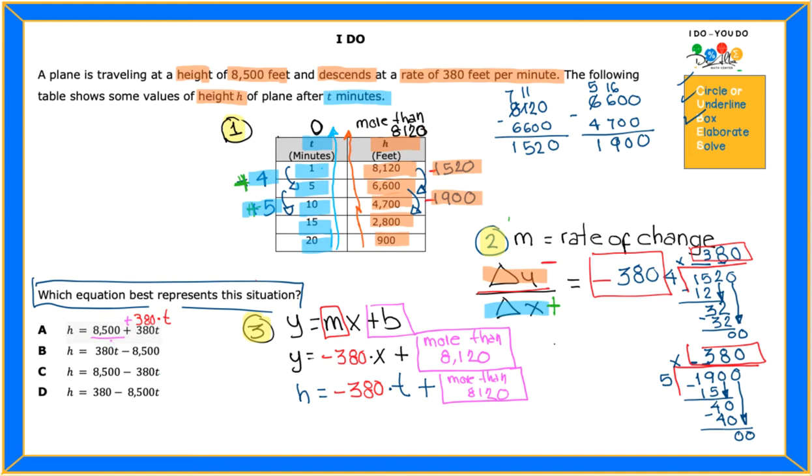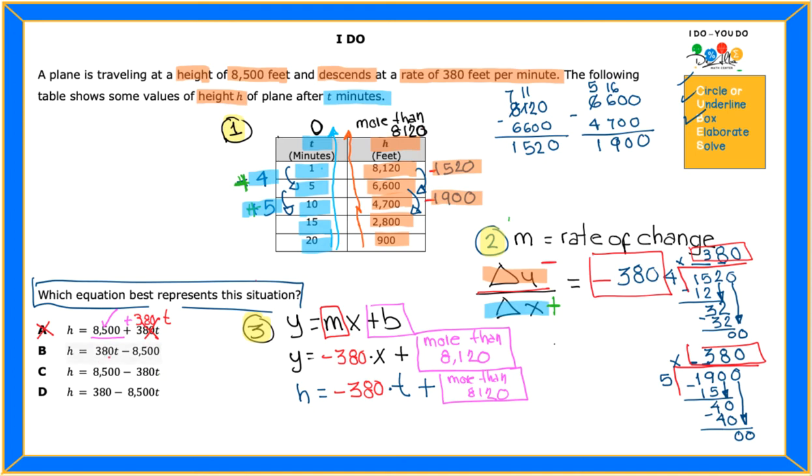The number that is by itself with no variable needs to be more than 8,120, and this number is greater than 8,120. So this might work. But what's the problem here, guys? We know the slope is negative 380, and this has a positive in front. So this cannot be the answer, because it has the opposite sign than what we need. So this one cannot be your answer.